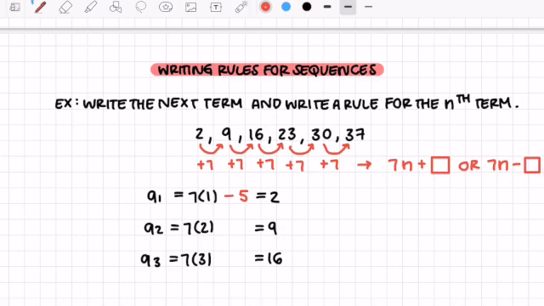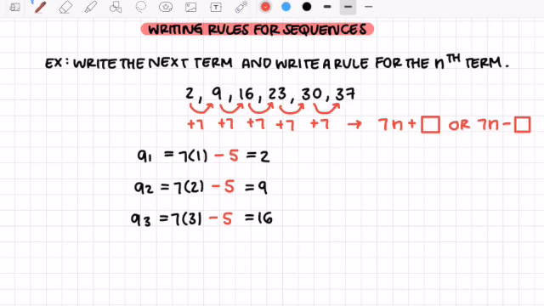So let's test it out for the other two and see if that works as a pattern. 7 times 2 is 14, and then 14 minus 5 is 9. 7 times 3 is 21. Minus 5 would give us 16. And so that would be our final pattern that we could use to continue our sequence.